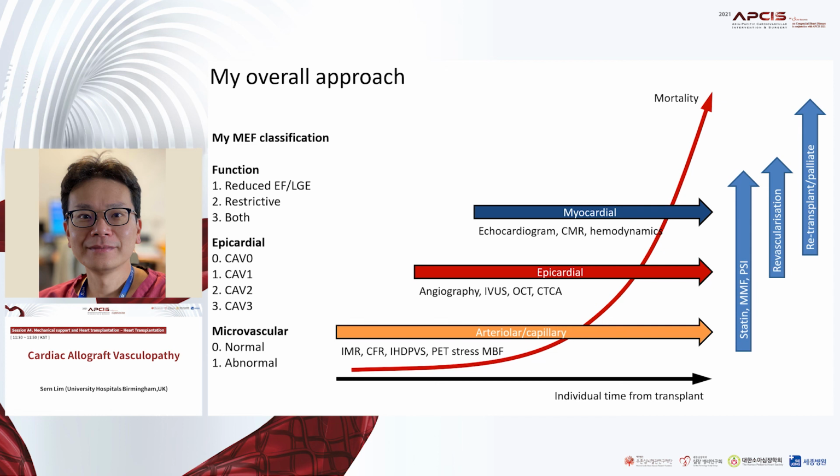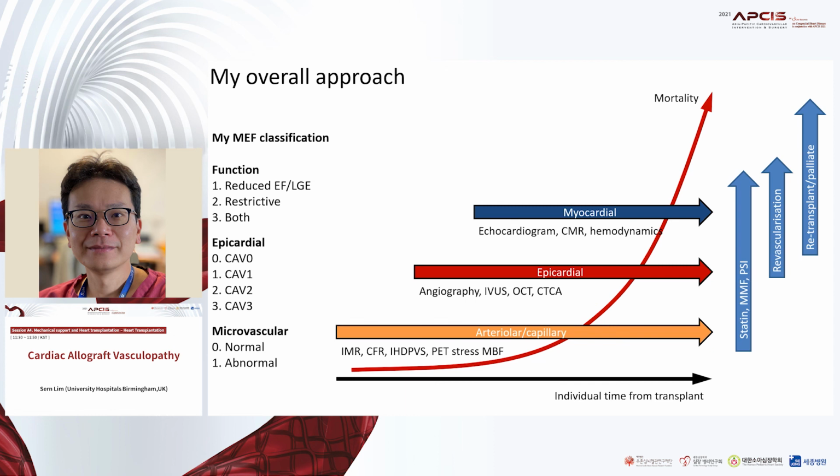In higher risk patients, we would now routinely consider the addition of sirolimus into the immunosuppression regime. Revascularization is used fairly conservatively to discrete vessels, usually in association with symptoms, and retransplantation only in a very small proportion of cases.